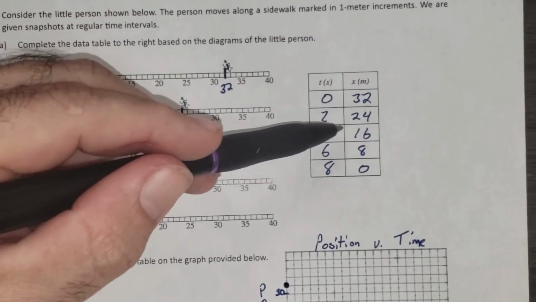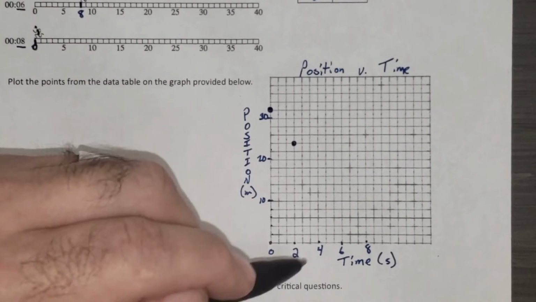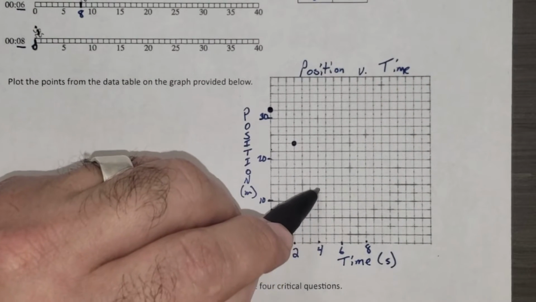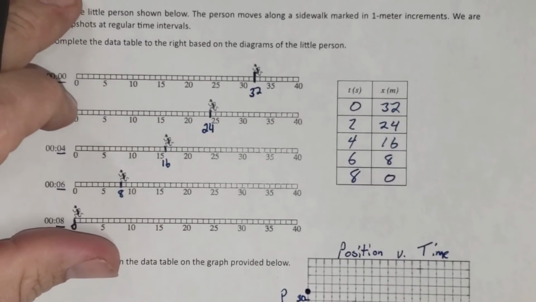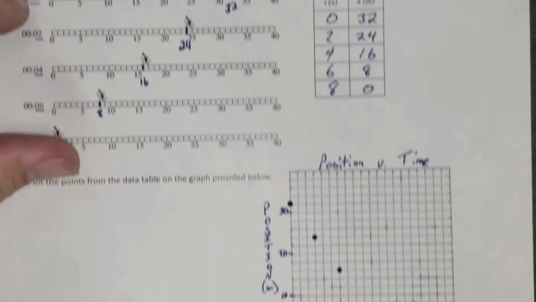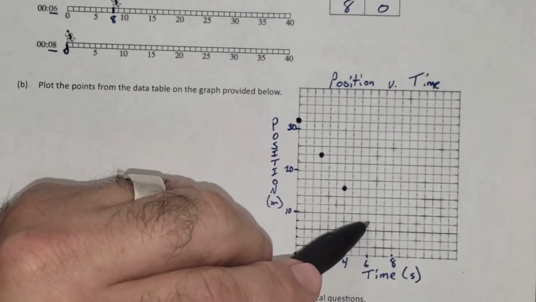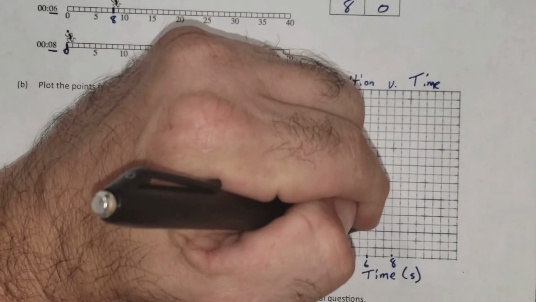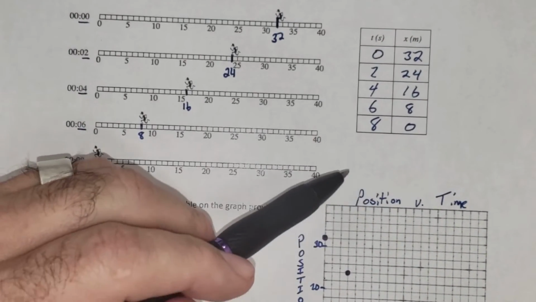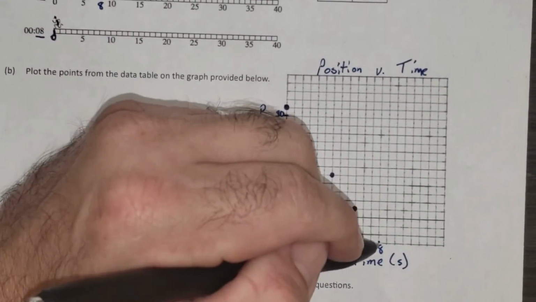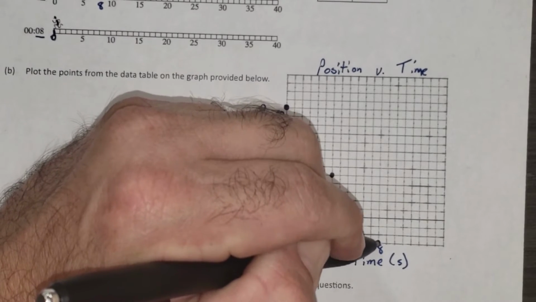We have 4 and 16. So 4, 10, 2, 4, 6. We have 6 and 8. So 6 here and 8 there. And then our very last point is 8 and 0. So 8 and 0 right there.